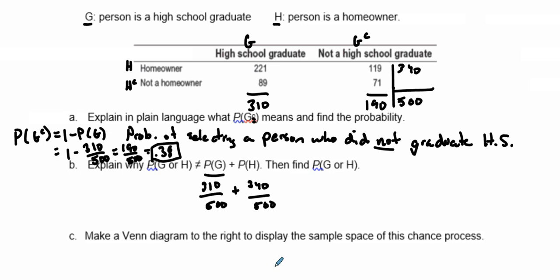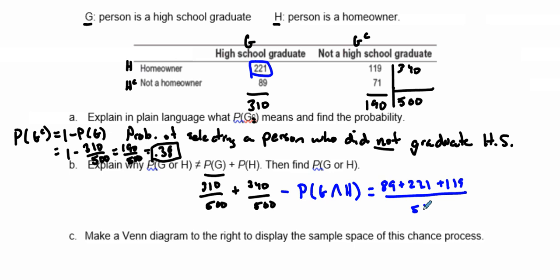But you notice that we have an and statement, because we are using the probability of graduating high school and homeownership twice. So we have to subtract one of these out. When we subtract that out, we're actually adding 89 plus 221 plus 119 and dividing that by 500.